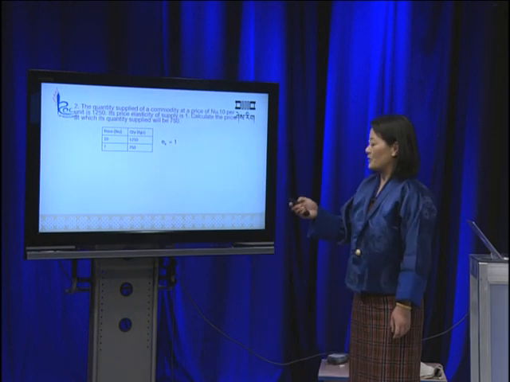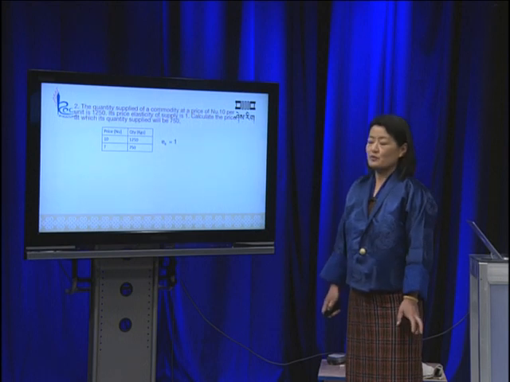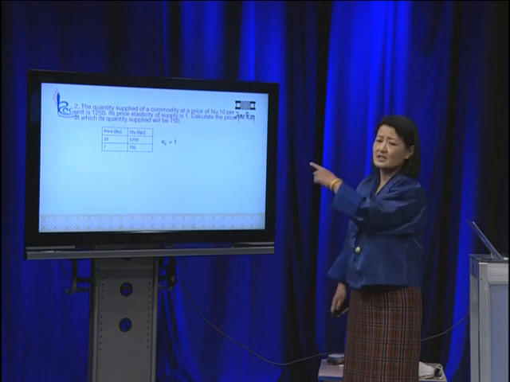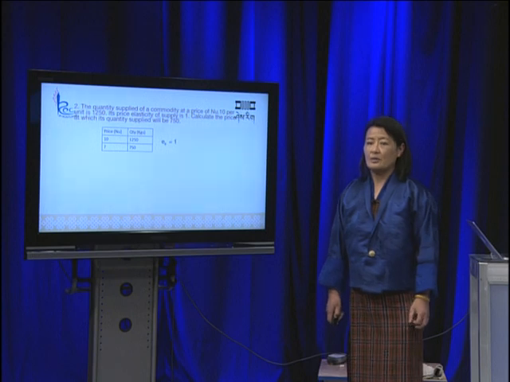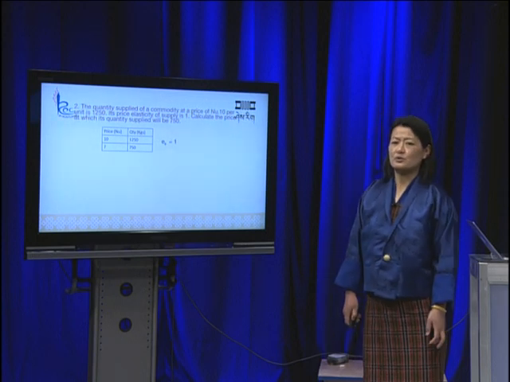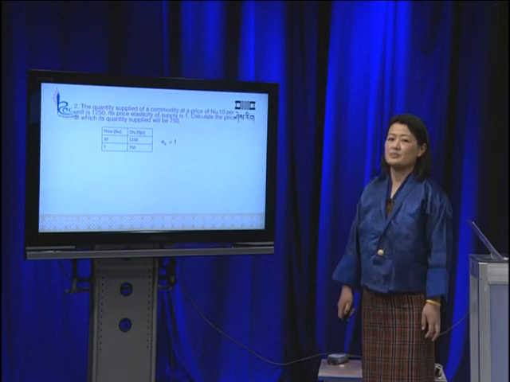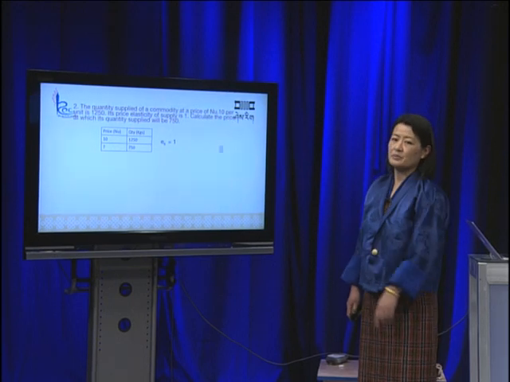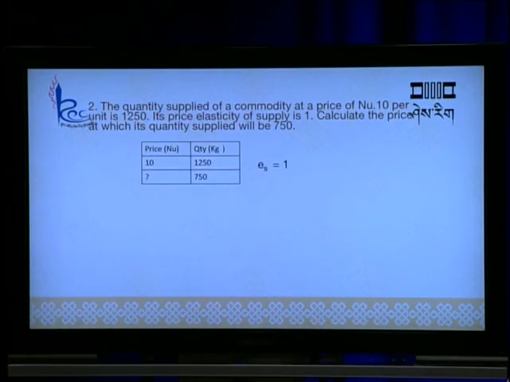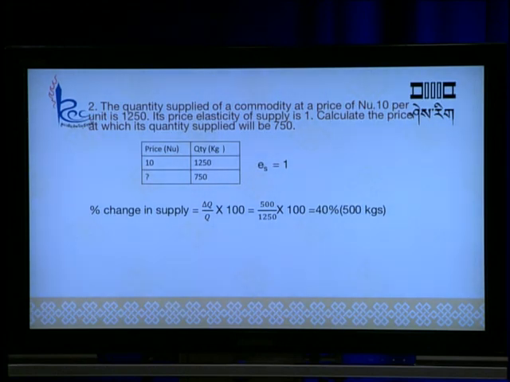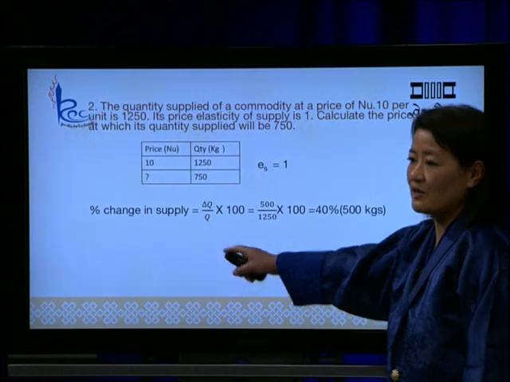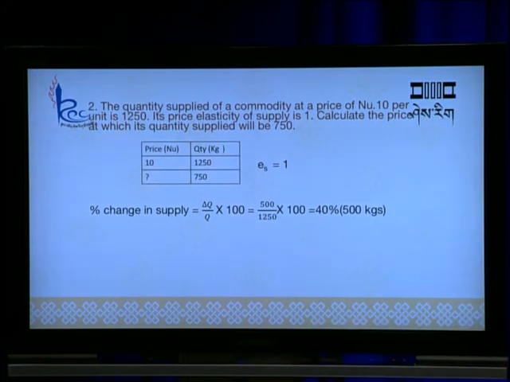The first step is to find out the percentage change in the quantity supplied. We have already looked at the formula in the previous slide: the percentage change in supply is delta Q by Q times 100, where delta Q is the change in quantity and Q is the initial quantity.